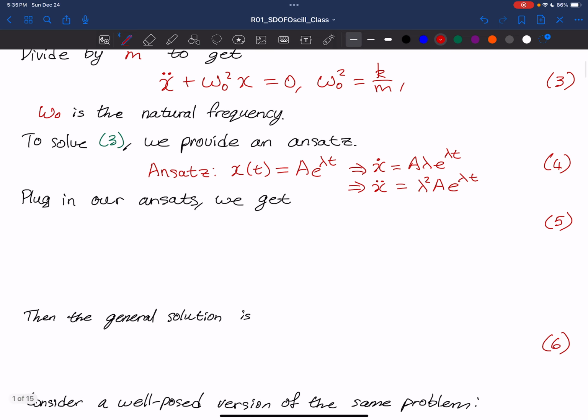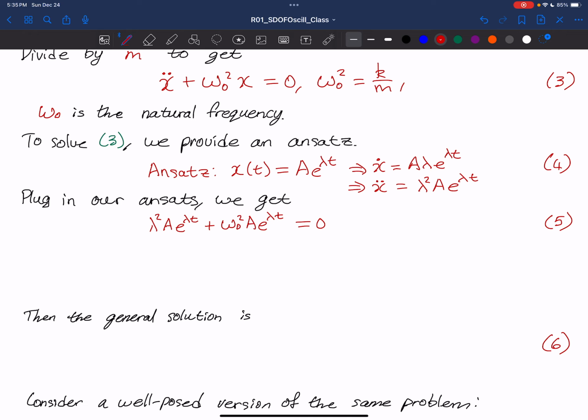And that's going to result in the following: lambda squared a times e to the lambda t plus omega 0 squared times a times e to the lambda t, still equal to 0. That's our equation 5.